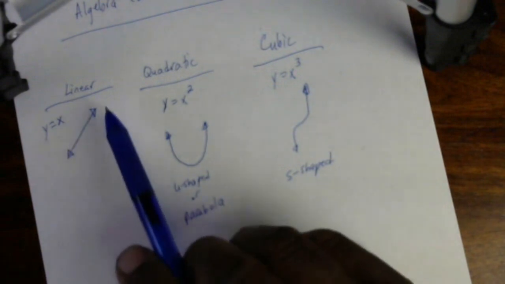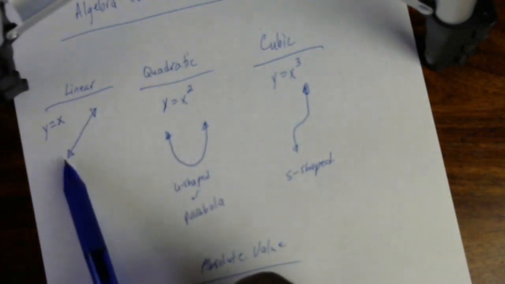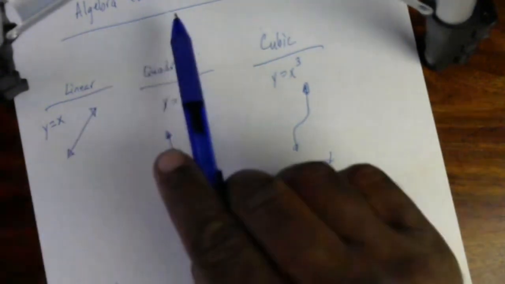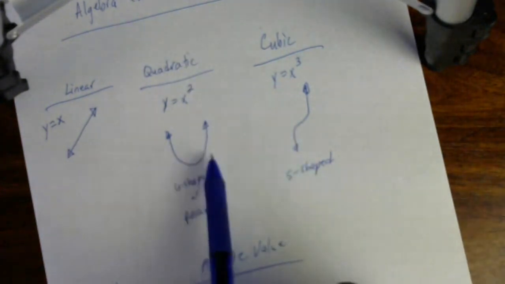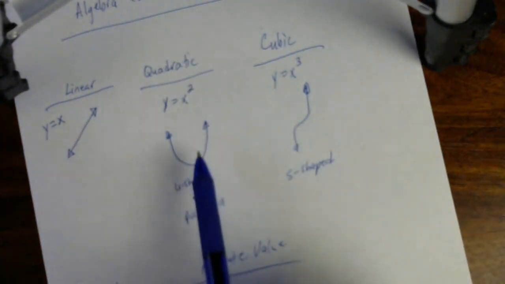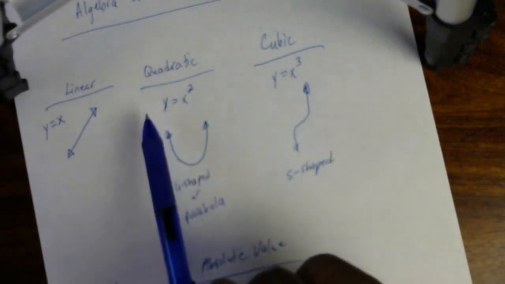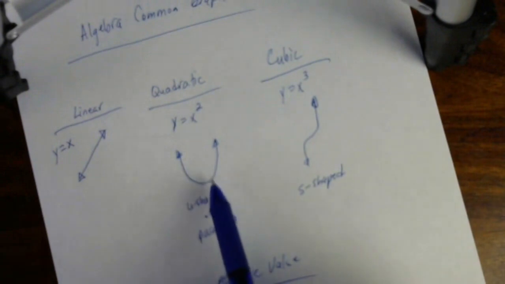So if I look at this first graph, and if I were asked to read it, this would be an increasing function, because as I read it from left to right, it always goes up. If I look at my quadratic equation, I'm going to read it from left to right. When I initially start to read this from left to right, it actually decreases or goes down.